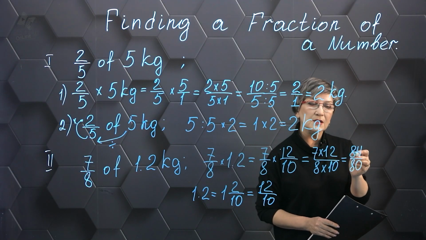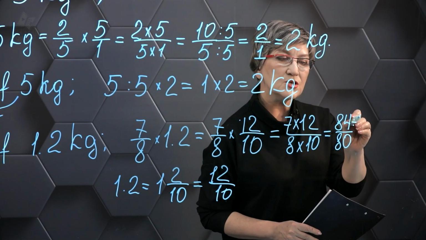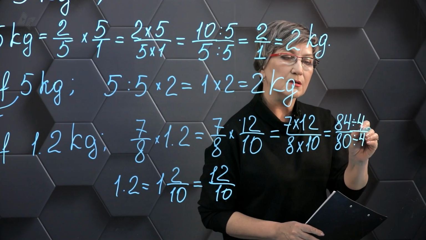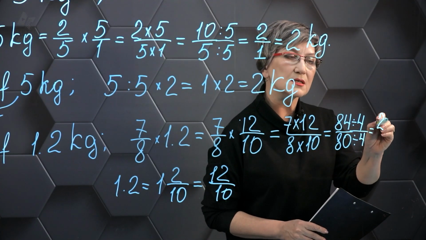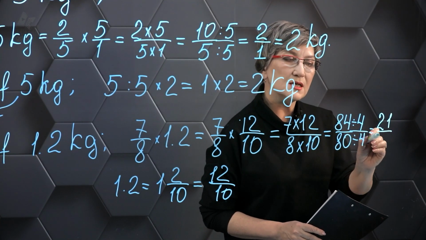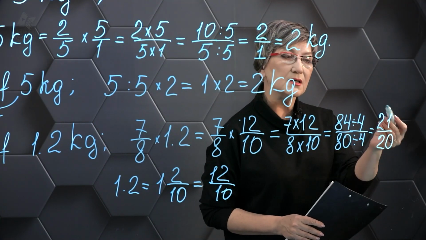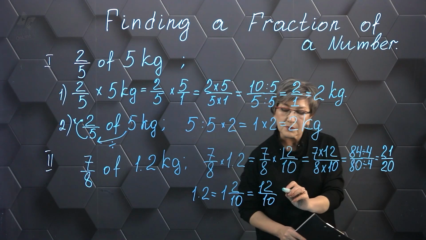We reduce this fraction and divide the numerator by 4 and divide the denominator by 4. We get 84 divided by 4, that would be 21, and 80 divided by 4 would be 20. And we need to write down the answer. 21/20 is an improper fraction.